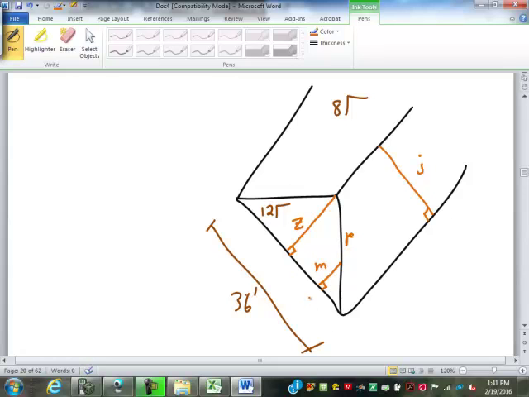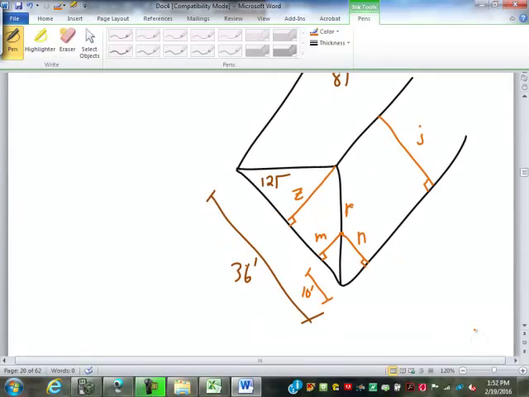M, which is going to be located 10 feet from the end of the building. And N, which is the jack on this side that corresponds to that same spot. That's all. See if you can find those.